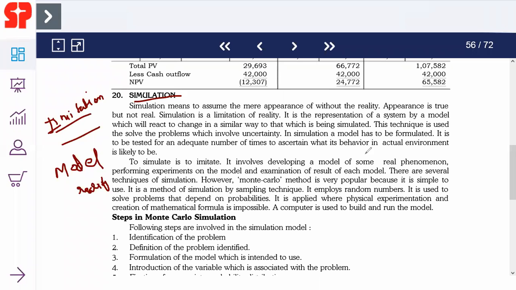So before actually facing that situation, when you make a model or an imitation, it is known as a simulation. Like astronauts, everybody knows, those who go to space for doing experiments, they will create an artificial space-like situation and do rigorous experiments. That is known as a simulation.